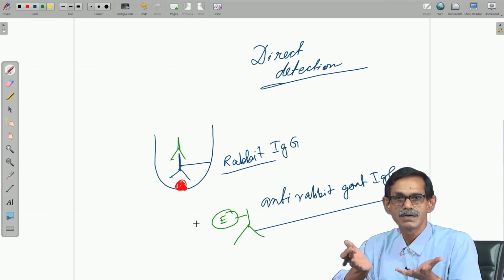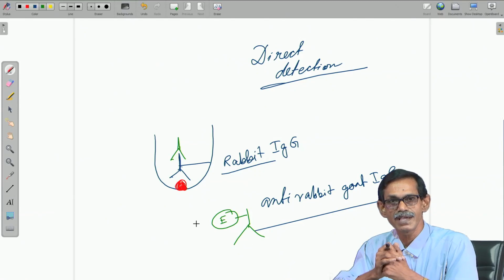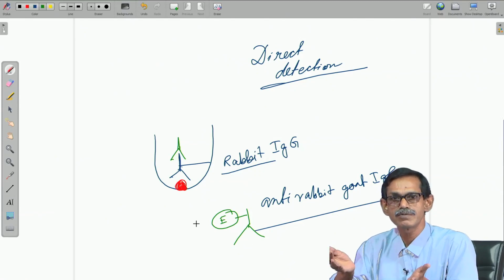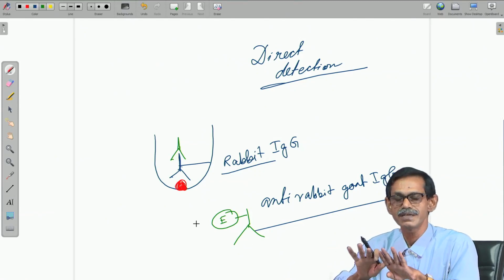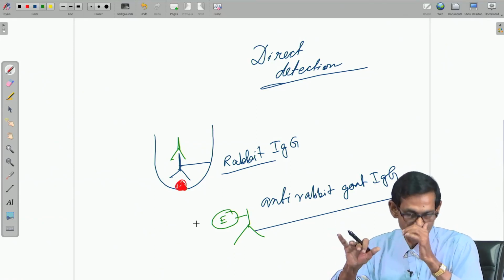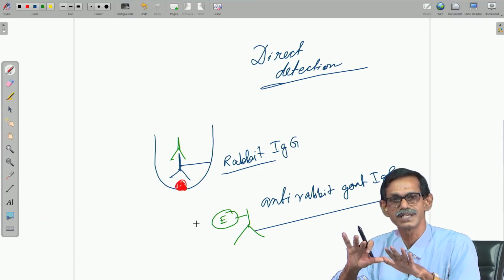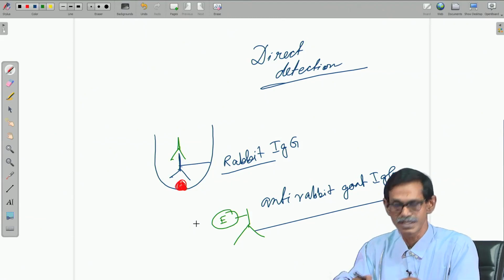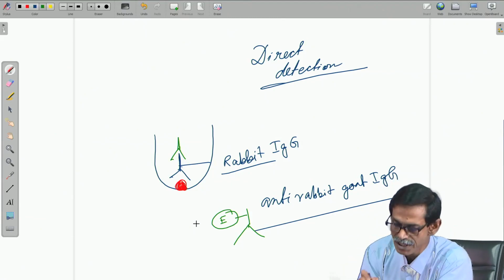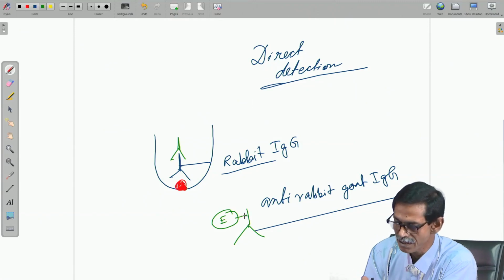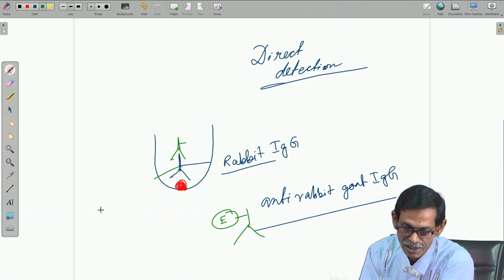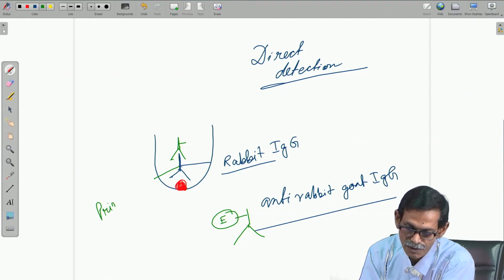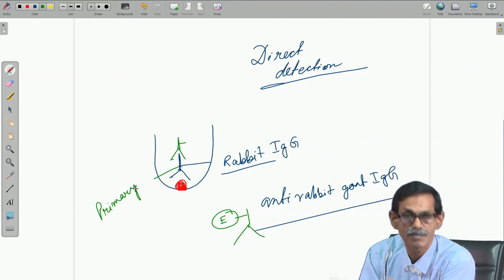In my lab HRP is used, so if you join my laboratory you will work with HRP. Generally it is the same, but definitely there are certain advantages and disadvantages of both enzymes, but that is not very important for this class. So, this one is called the primary antibody, which is my major interest.